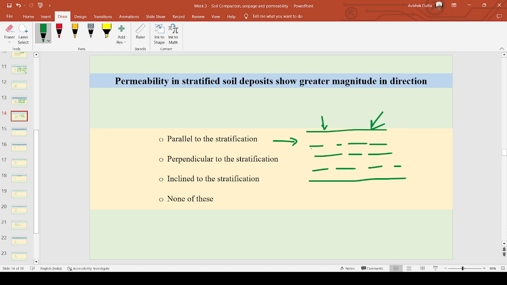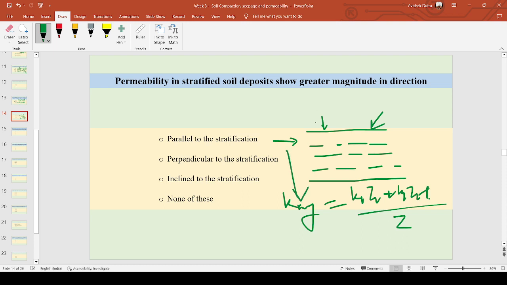because when we are finding out permeability parallel to the stratification, then we use the formula of arithmetic mean. K average equals K1 Z1 plus K2 Z2 plus dot dot dot up to, and the total thickness of Z. For this case, what do we do?